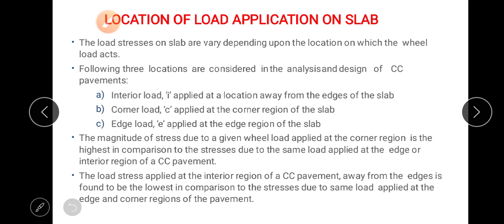Interior load is applied at a location away from the edges of the slab. Corner load is applied at the corner region of the slab. Edge load is applied at the edge region of the slab.